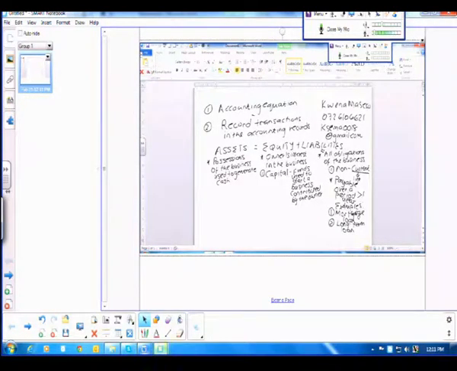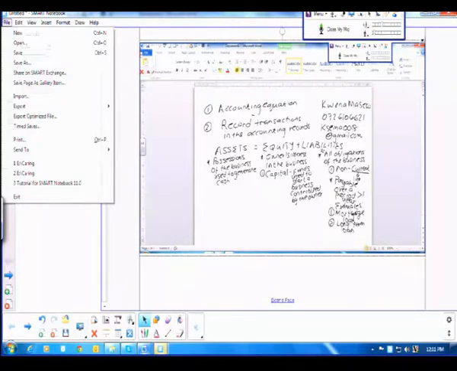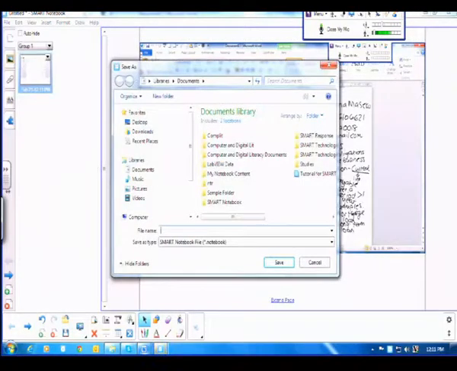We're going to save it as the accounting equation.